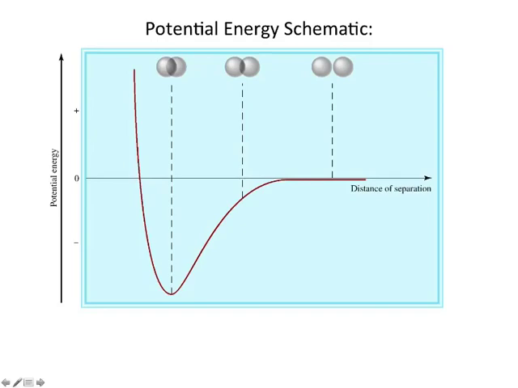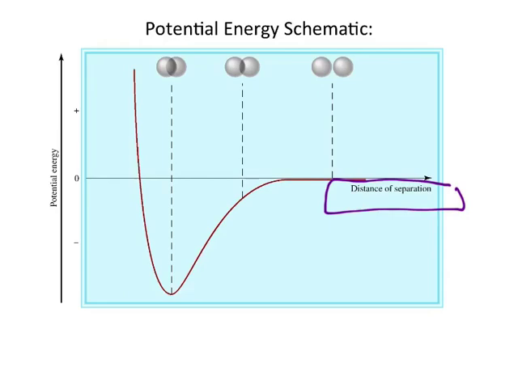This diagram, we wind up showing this kind of logic several different times in the course of learning chemistry. What we have on the x-axis is the distance of separation, how far apart these two nuclei are. And this little diagram up here, the nucleus is up here in the middle of this gray cloud.